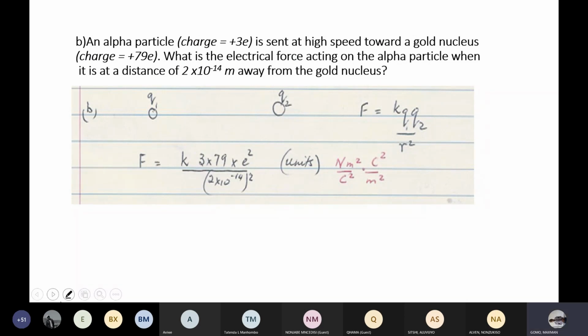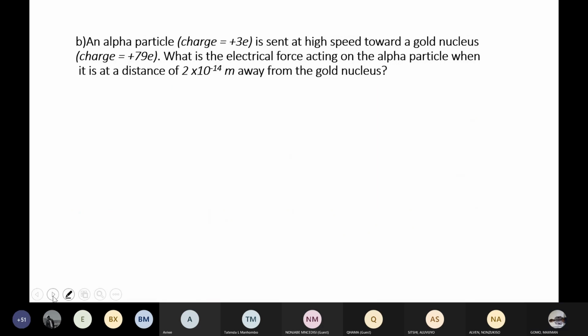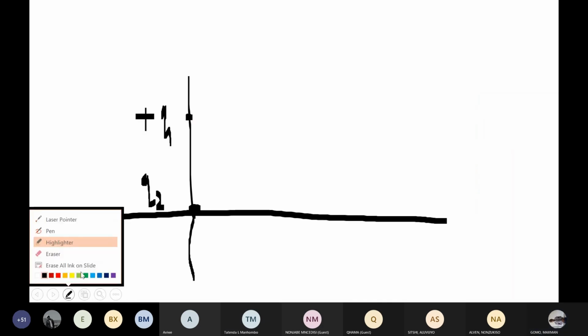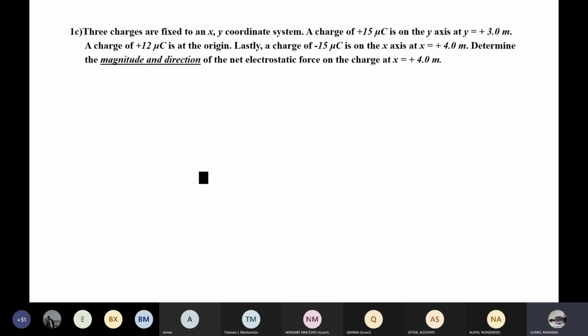Now my slides don't want to move. Okay, let me remove these junky things. Okay, can you see? Yes, sir.